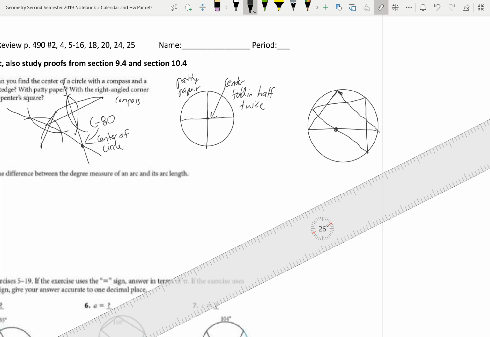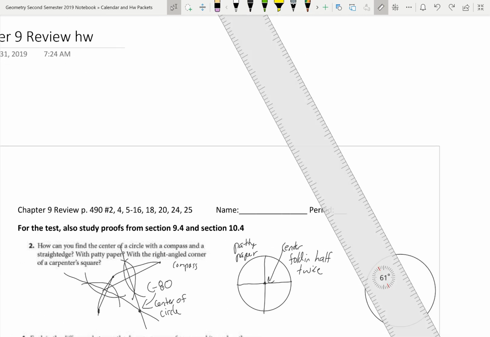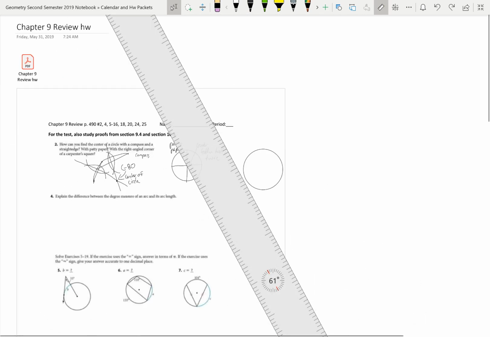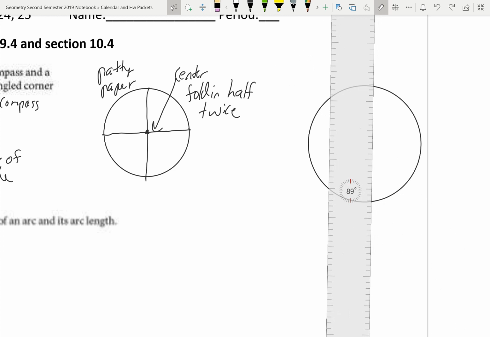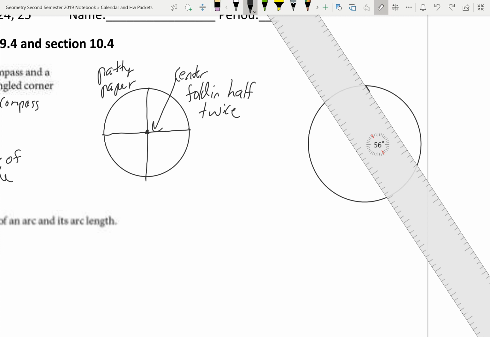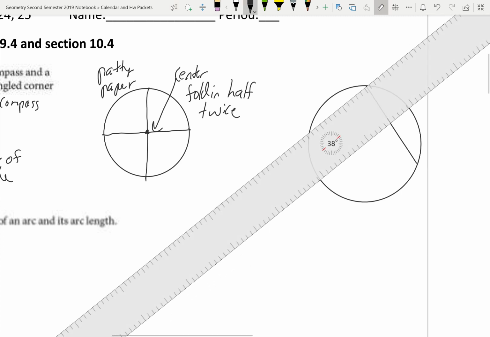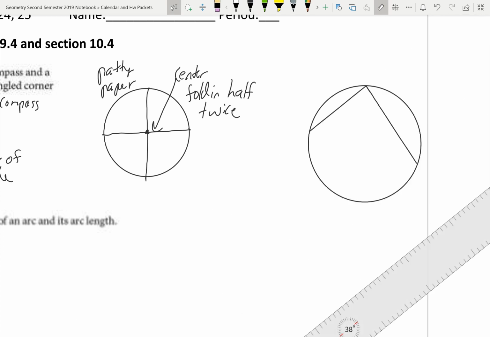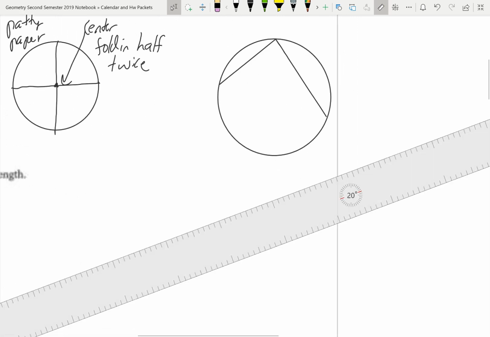Now, they're not, because I didn't do a very good job. So let me see if I can do that again here. I wonder if I can just use the end of this thing? No, it has no end. Okay. Maybe I can do it this way. I'm going to try to eyeball a 90-degree angle here. How'd I do? Oh, pretty good.